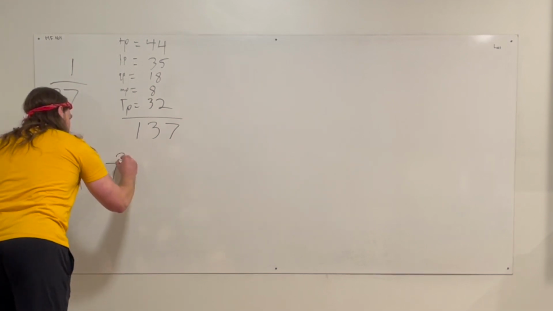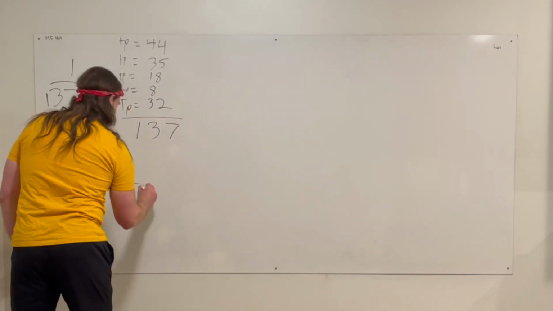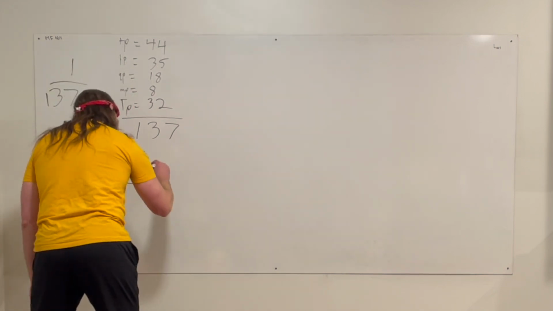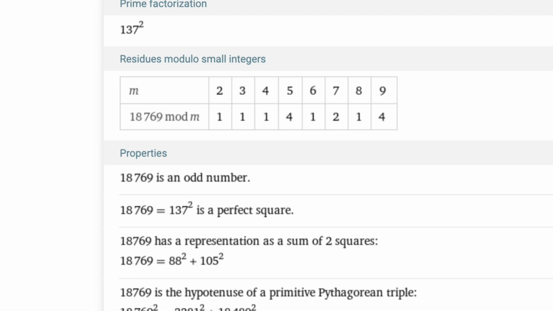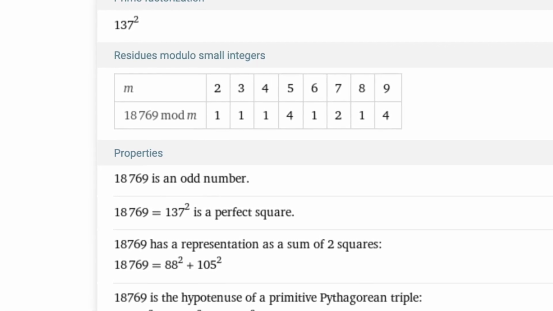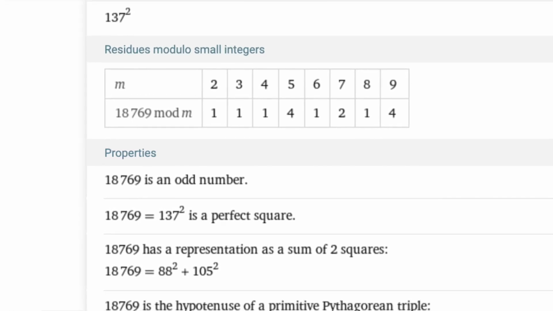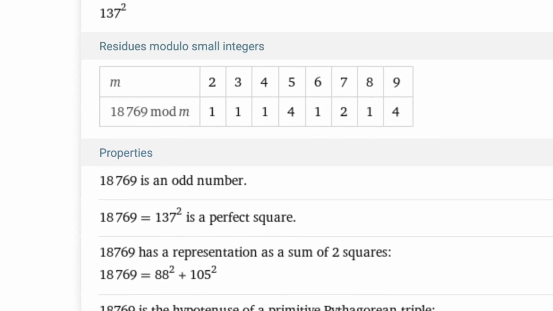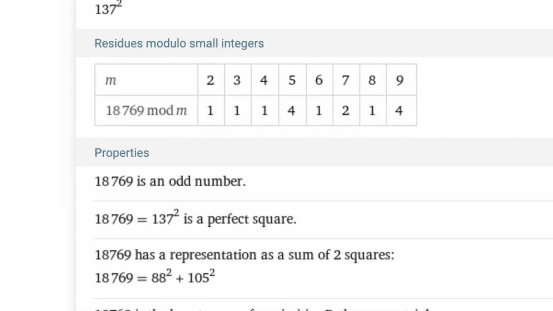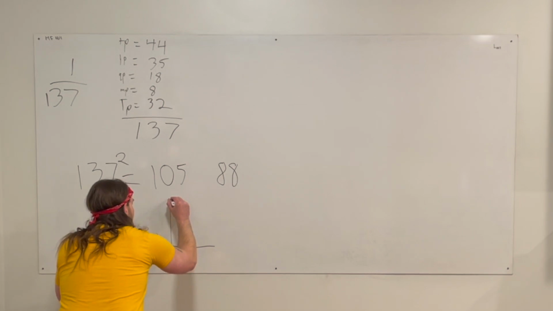So you have 137 squared, and I just remember that it breaks down to basically, what was it, 105, and I think 88, something like that. Sounds right. 88 or 81. So, yeah, I think it was 88. But they're both squared, right? A triangle.